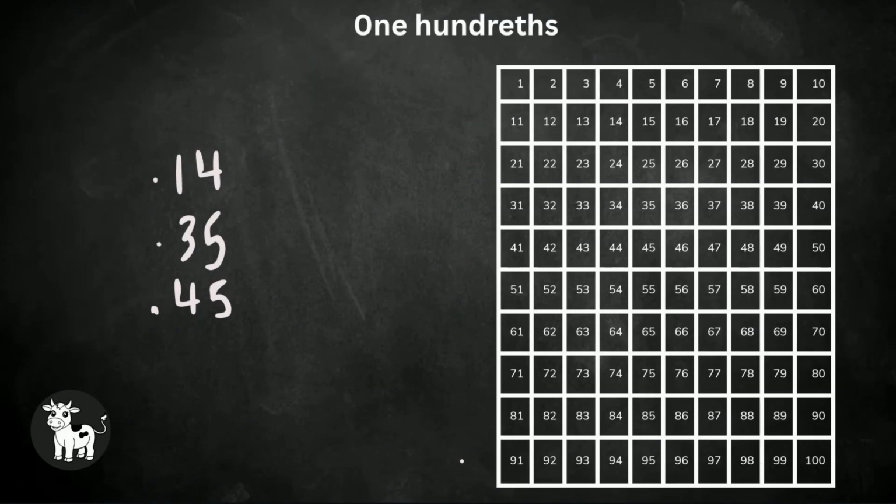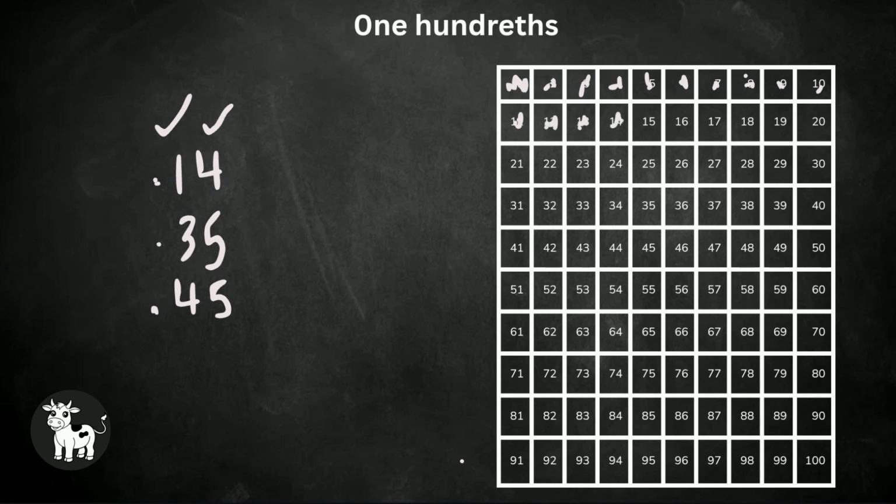Okay, let's take a look at these decimals and see what they're telling us. First, we know that we have tenths here, we have hundredths here. So this decimal tells us we have 14 of the 100. So I would shade in 14 of these boxes. So we have 14 of the 100.